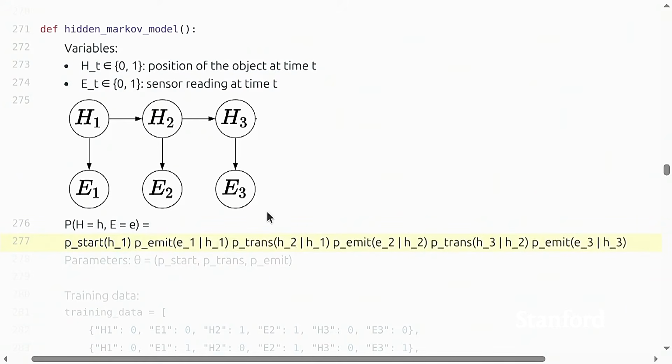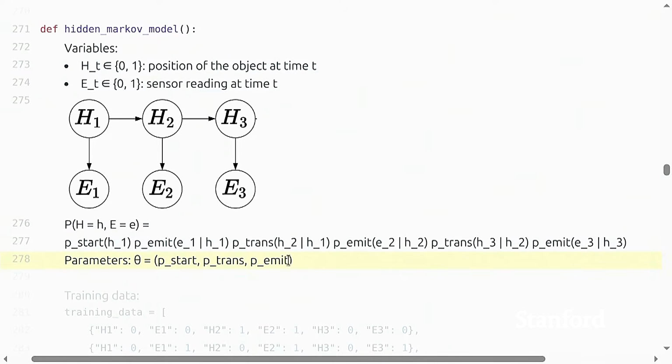h3 given h2, e3 given h3. And here, there are 3 types of parameters. One is the starting distribution, p start, which is only used to give you the distribution over h1. Then there's a transition probability, p trans, which gives us the distribution over one hidden state conditioned on the previous hidden state.